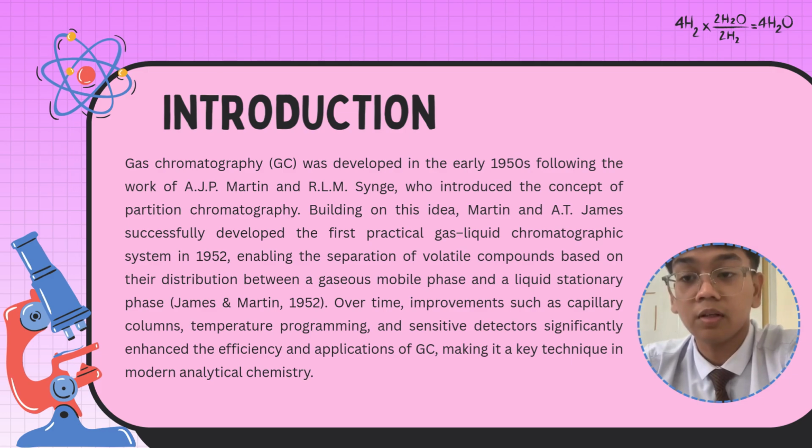This allowed the separation of volatile compounds based on how they distribute between a gaseous mobile phase and a liquid stationary phase. Over time, improvements such as capillary columns, temperature programming, and more sensitive detectors greatly increased the efficiency of gas chromatography, making it a key technique in modern analytical chemistry.